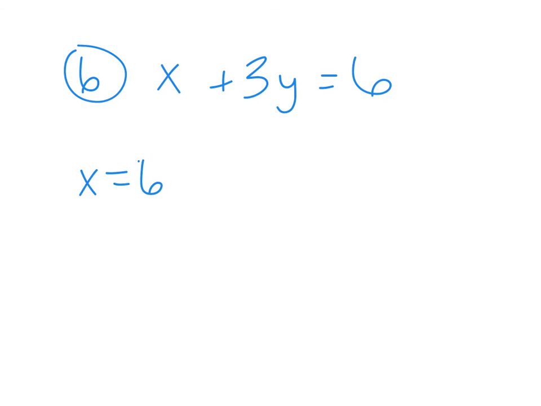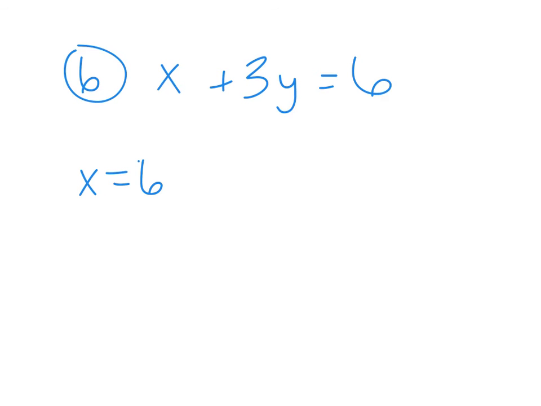Number 6. We have x plus 3y equals 6. Finding the intercepts. Well, let's do the x-intercept first. If I'm solving for the x, where do I put a 0? If I put a 0 there, what happens to that? It's gone, right? So then you have x equals what? 6, right?